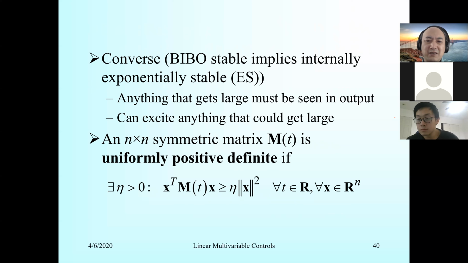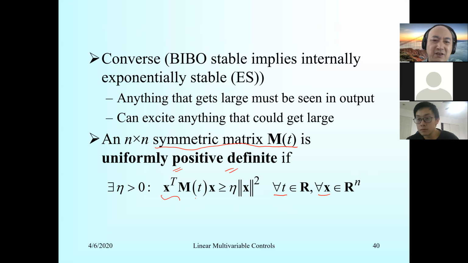Let's borrow something called M, symmetric. Remember, it's symmetric. And we say M is positive definite, PD, and it is uniformly so, meaning it has nothing to do with t, just meaning for all t, for all x vectors.